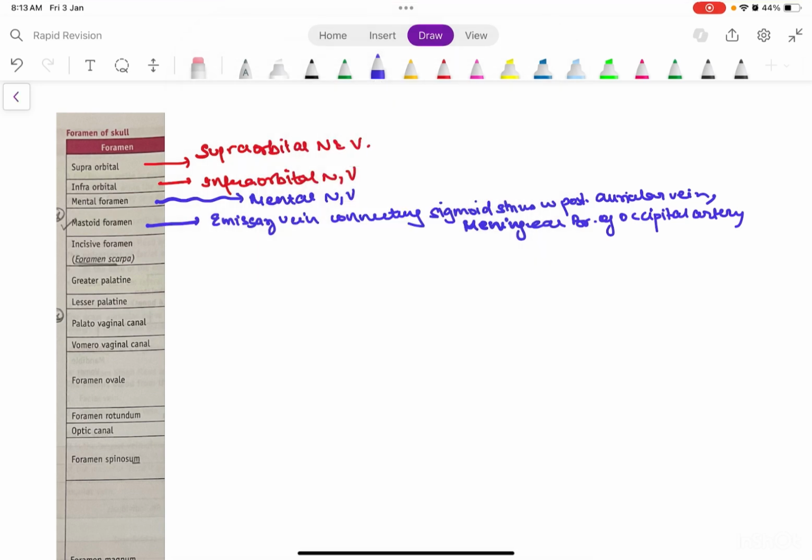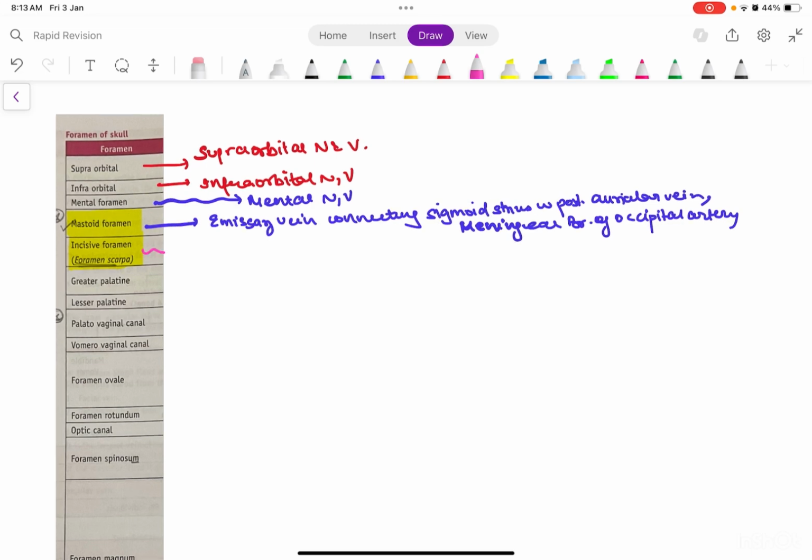Then the incisive foramen, very important to note that it is also called the foramen of Scarpa. It basically has the greater palatine vessels and the nasopalatine nerve.